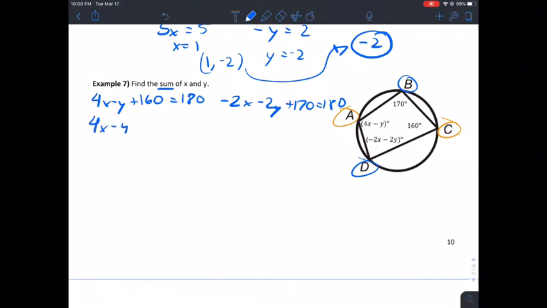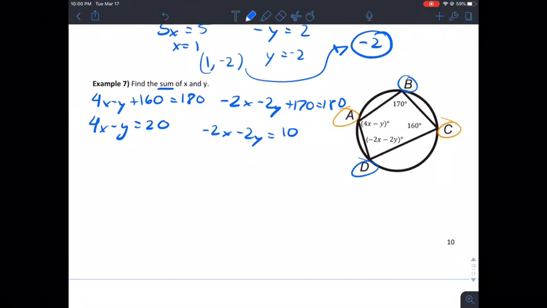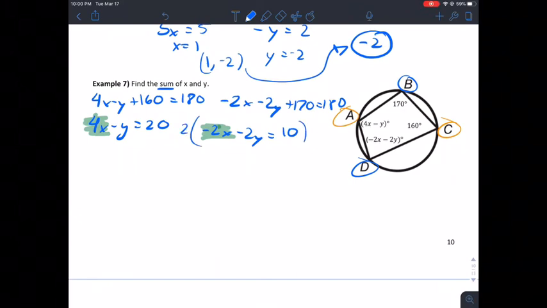So we get 4x minus y equals 20, and -2x minus 2y equals 10. So I look here, nothing's going to cancel out right away, but I think that this x would be pretty easy to cancel out with this x.